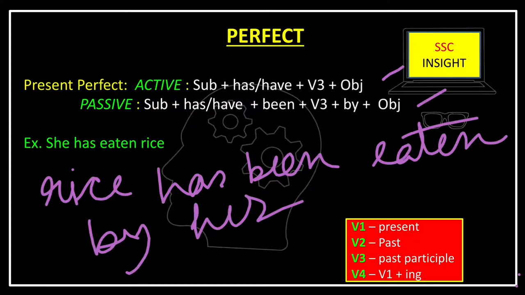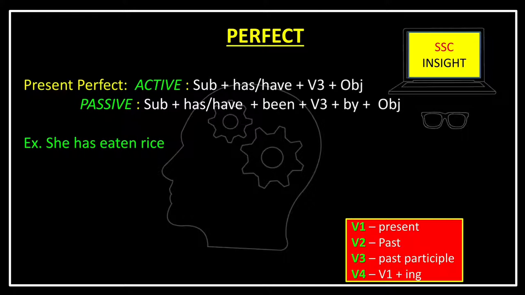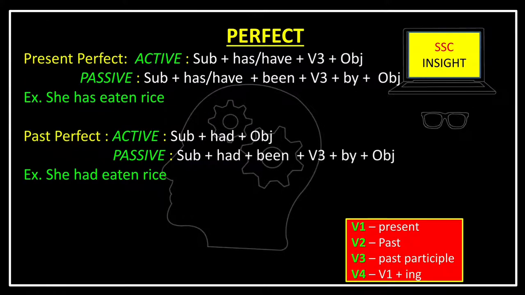I have taken the same example in each case to understand it easily. In case of past perfect, this is the form of active and passive, and the example is she had eaten rice, and it will be rice had been eaten by her.